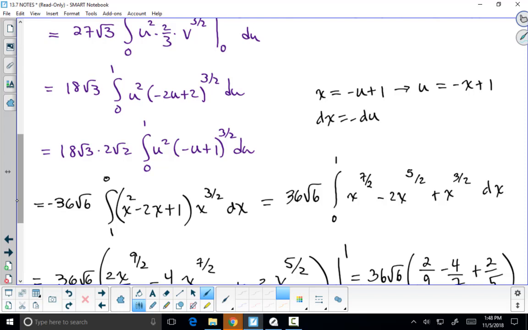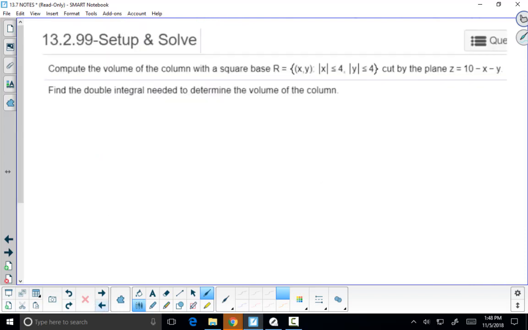Perfect, time for the test. Okay, so let's go to 13.2. Do you know which number on the homework this was? I would assume it's near the end. Whose question was this? I think it was mine. Is this the trough?